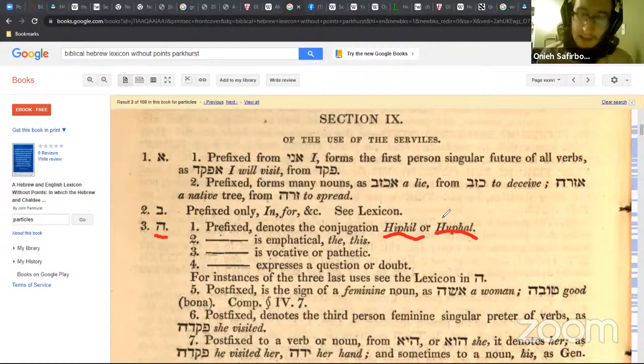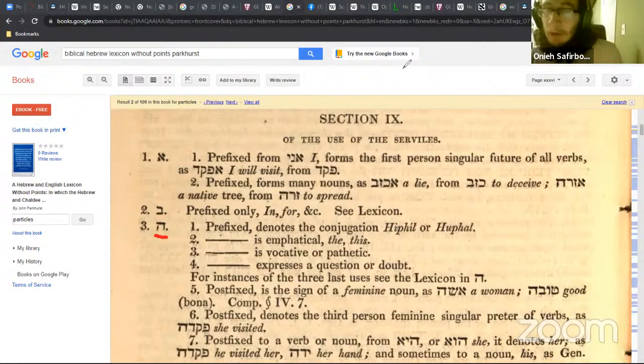Causative means that the verb is causing someone else to do something. So if you eat food, you're the one eating. But if you cause to eat food, you're causing someone else to be doing the eating.